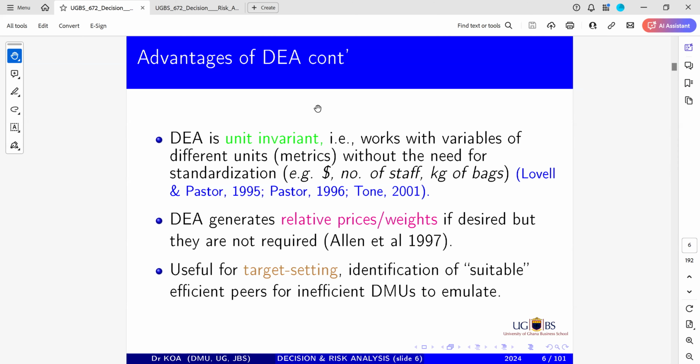Number 7, DEA is useful for target setting. You can use it to set targets, because it tells you that you are inefficient, but it also tells you what you got to do to be efficient. That, what you got to do to be efficient, is a target. And it also will go ahead to tell you who your peers are that you should emulate.